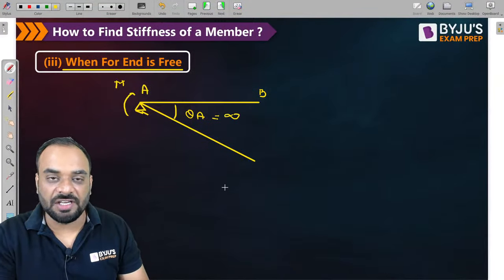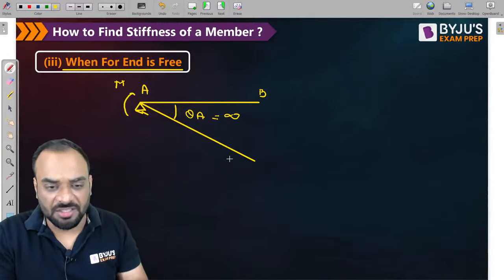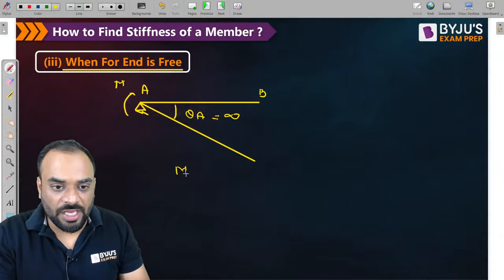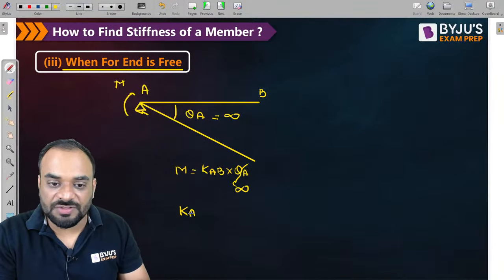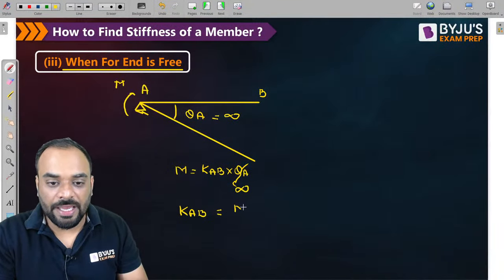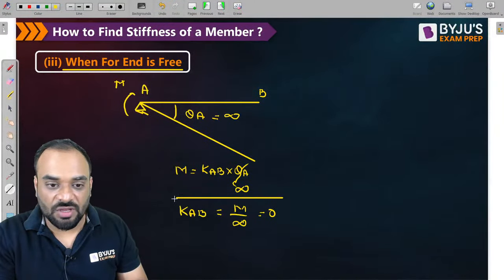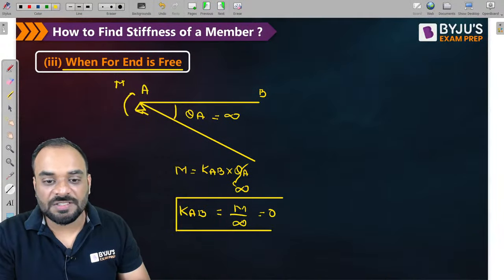So M is equal to KAB multiplied by theta A. What is the value of theta A? It is infinity. So the stiffness should be equal to M by infinity, that means it is equal to 0. So when the far end is free, the stiffness of a member is equal to 0.